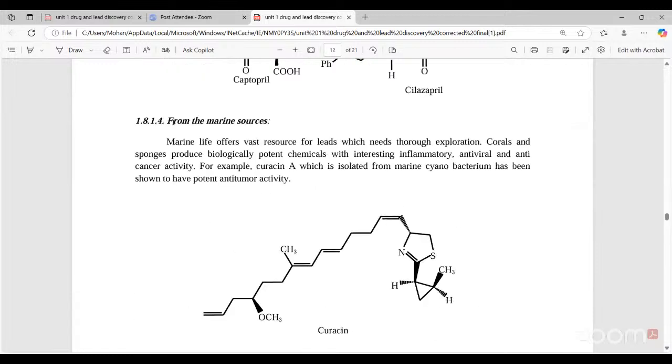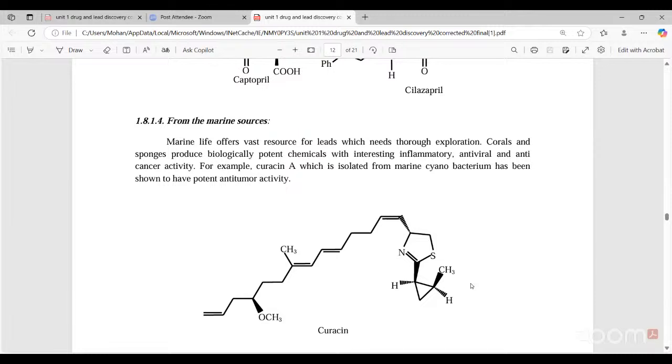Now, from marine sources, marine life is often a vast resource for exploration. Corals and sponges produce biologically potent chemicals with interesting anti-inflammatory, antiviral, and anti-cancer activity.